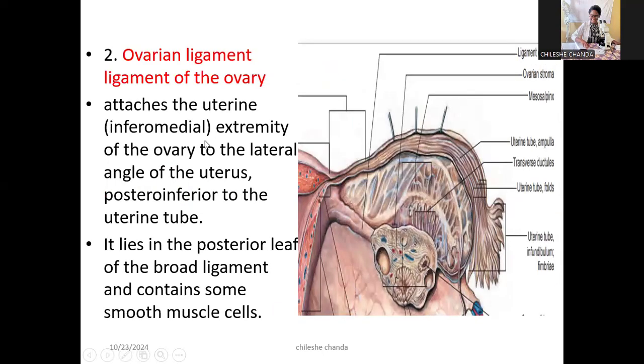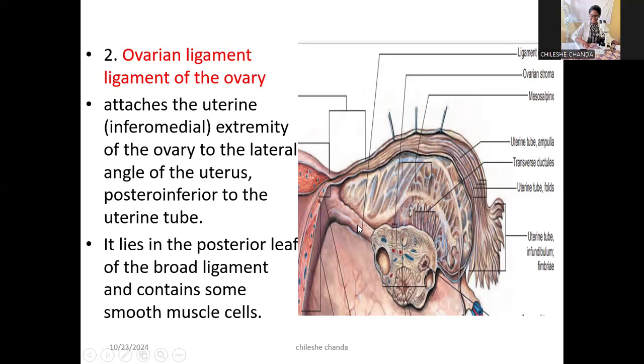And then we have the ovarian ligament, which attaches the uterine extremity of the ovary. The ovarian ligament attaches this extremity of the ovary to the posterior inferior side of the uterine tube.